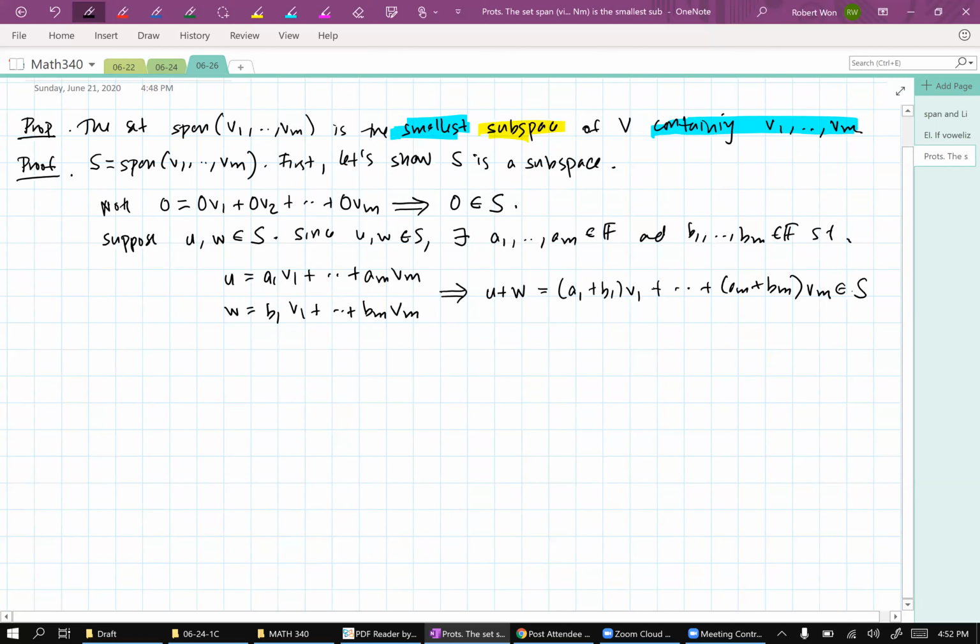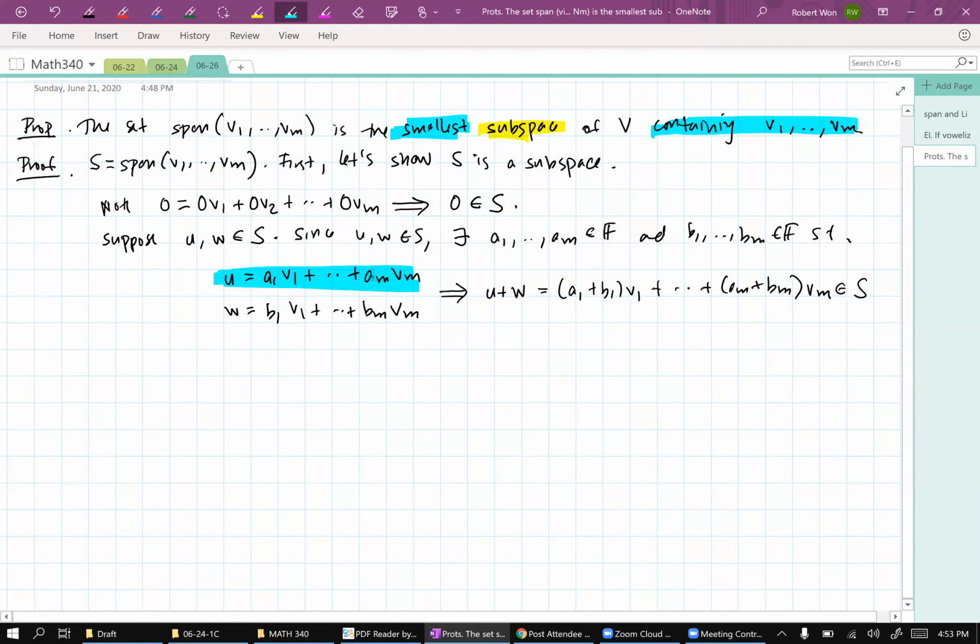Okay, so then we need to check that S is closed under scalar multiplication. You should do this, but what you do is you take this vector u, and you take any scalar, maybe alpha. You need to show that alpha u is in S. Well, you just scalar multiply by alpha. That's the same thing as multiplying all of these a1 up through am by alpha.